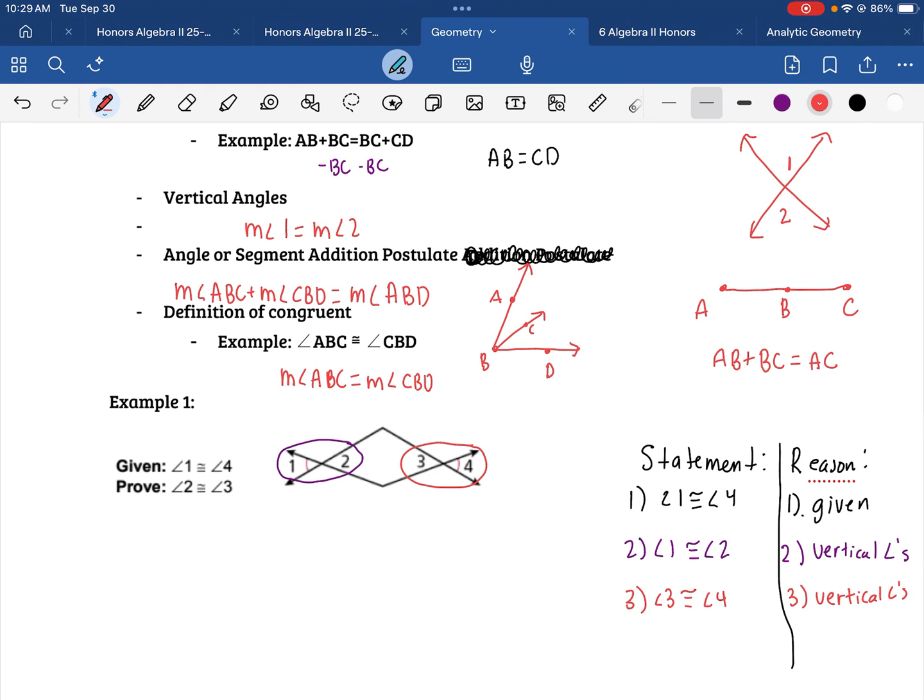Okay, once we have all that, we have that angle 1 is congruent to angle 2 and angle 3 is congruent to angle 4. But from that very first step, we knew that angle 1 was congruent to angle 4. So in our step 4 here, we can jump to angle 2 is congruent to angle 4.